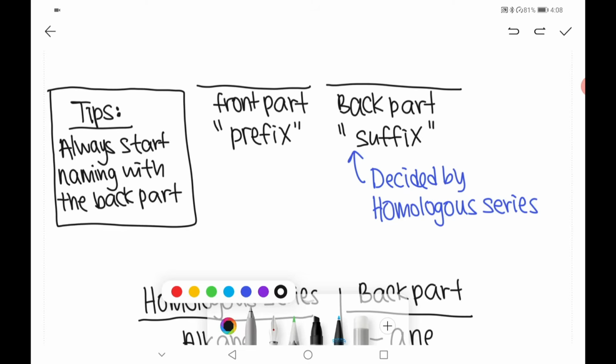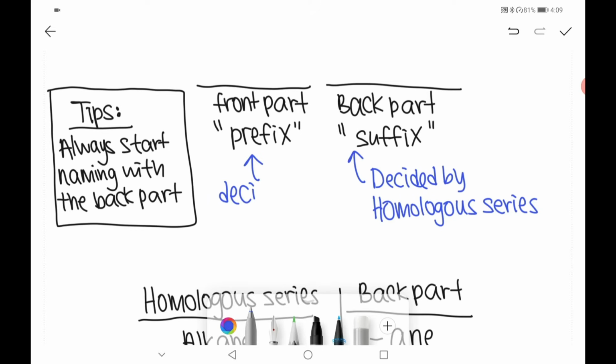Now let's look at the front part. After you name the back part, you can continue to name the front part. So how do we name the front part?